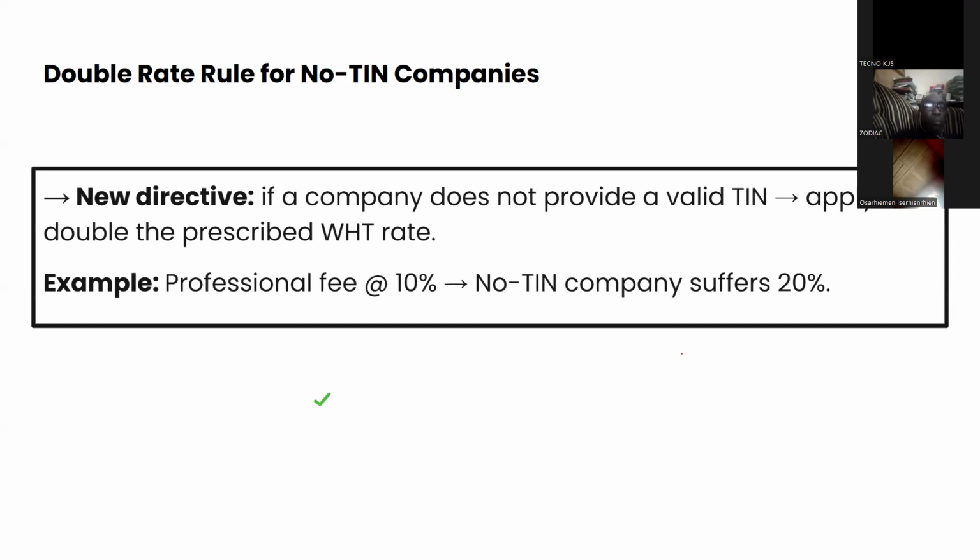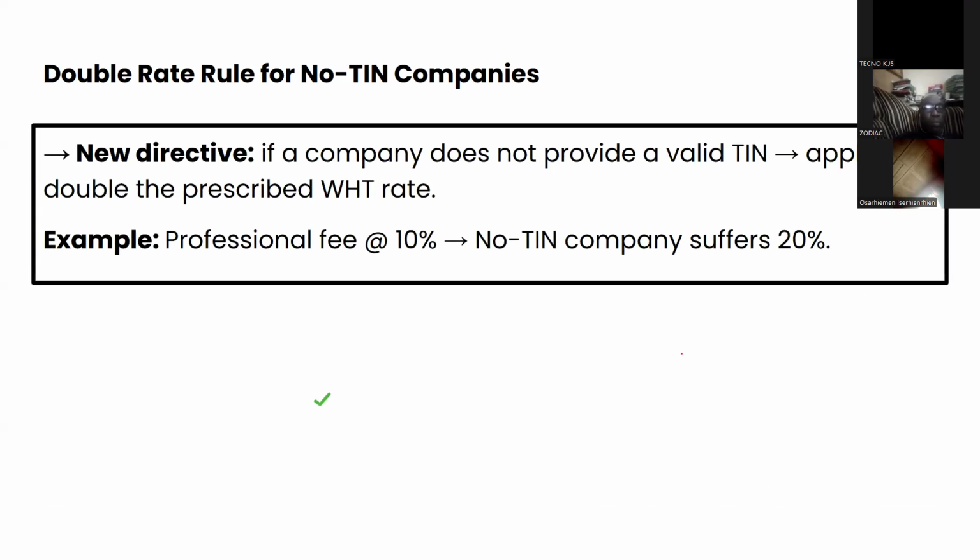The update on the double rate says there is a new directive: if a company does not provide a valid TIN, apply double the prescribed withholding tax rate. For instance, a professional fee is supposed to be at 10% withholding tax, but if the person does not have a TIN, the person will suffer a 20% withholding tax deduction. Is this clear?